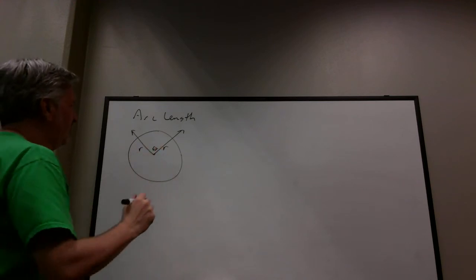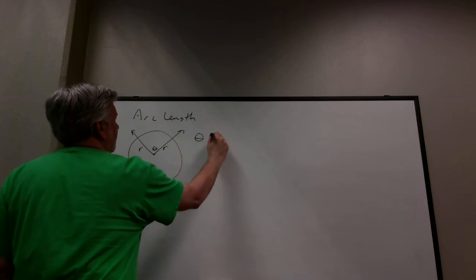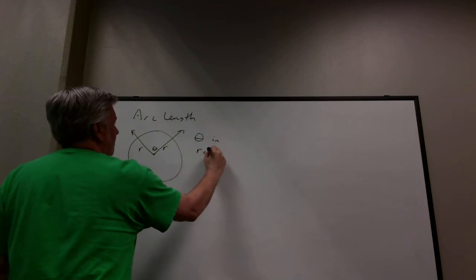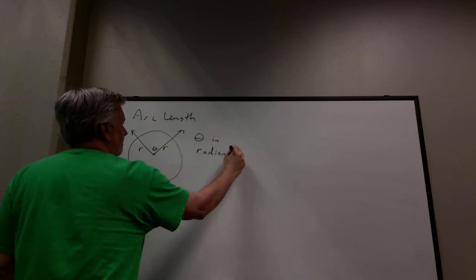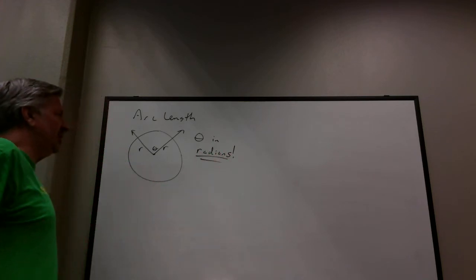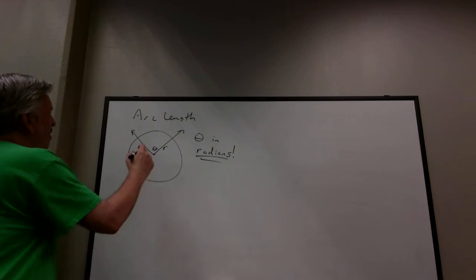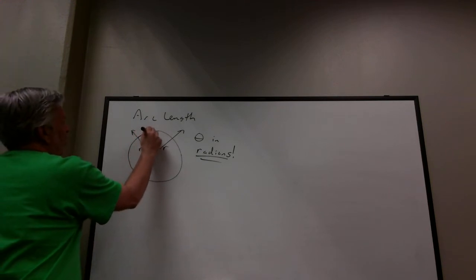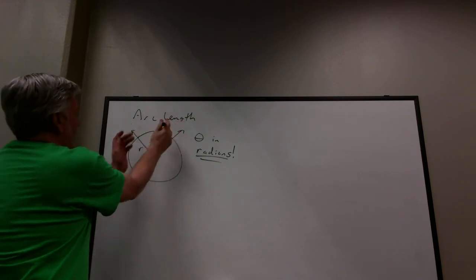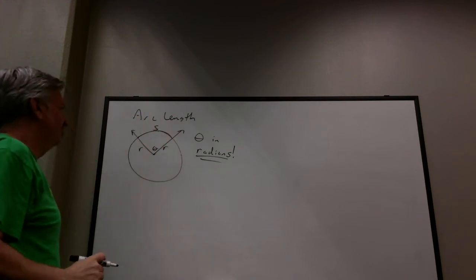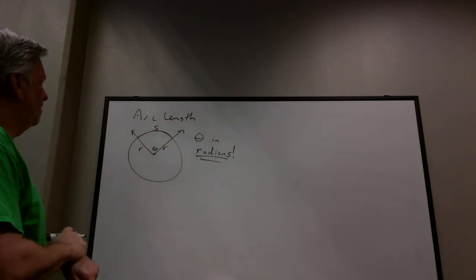Now, one of the assumptions here, I'm assuming theta is in radian measure. Okay, so as I derive the formula, I'm going to assume theta's in radians. And we're going to call the arc length, the length of the arc intercepted by the central angle, S. Okay, so we want to develop a formula.